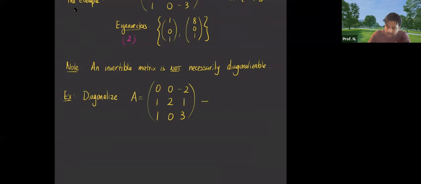If I want to diagonalize this, then I want to find a way to express A as a product of matrices where one matrix has the eigenvectors as its columns, another is the diagonal matrix of the eigenvalues, and the other matrix is just the inverse of the matrix with the eigenvectors.